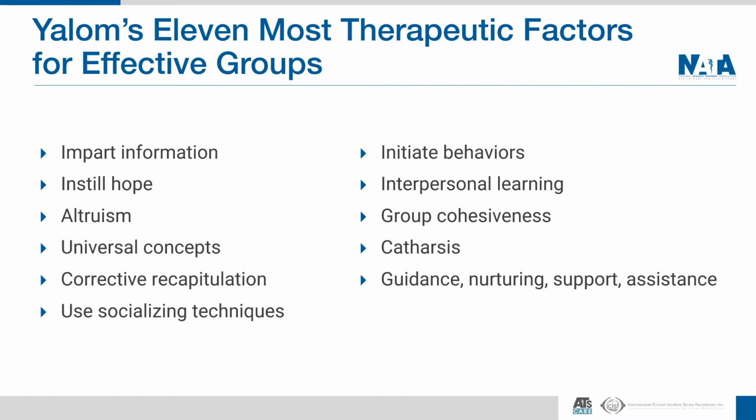Some of the foundation behind which the crisis intervention techniques were developed comes from Yalom's 11 most therapeutic factors for effective groups. They are impart information, instill hope, altruism, universal concepts, corrective recapitulation, socializing, initiation of behaviors, specifically behaviors that can activate individuals' coping mechanisms and move them towards recovery.